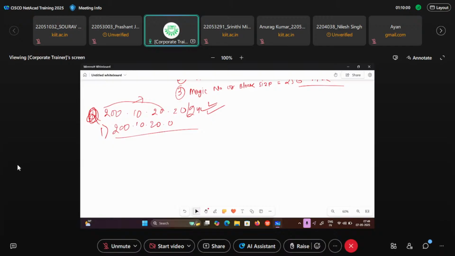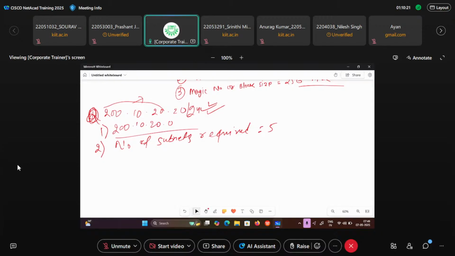In the second step, I have a requirement of 5 networks. So the number of subnets required is 5. You can write it down also: number of subnets required equals 5.